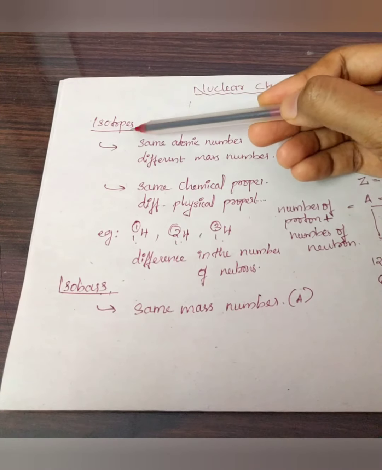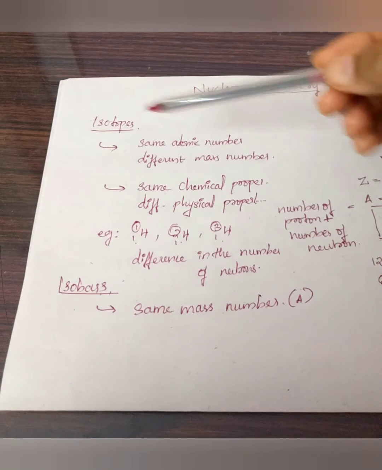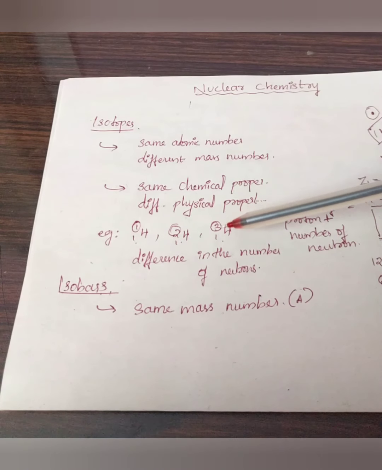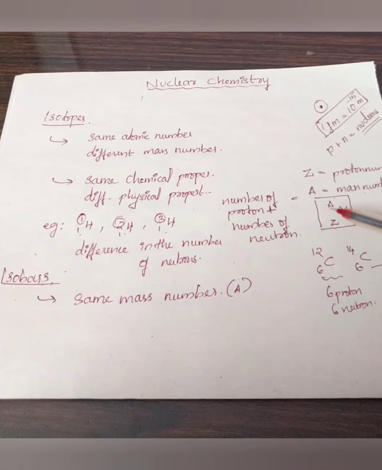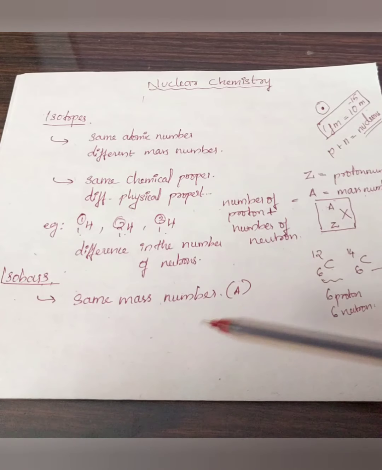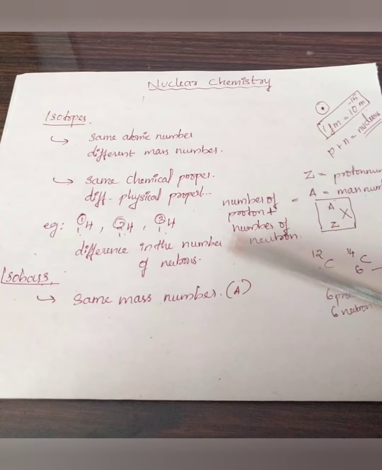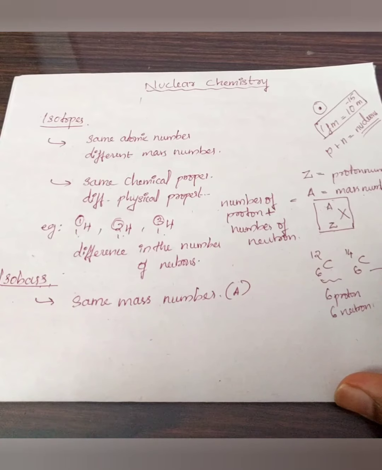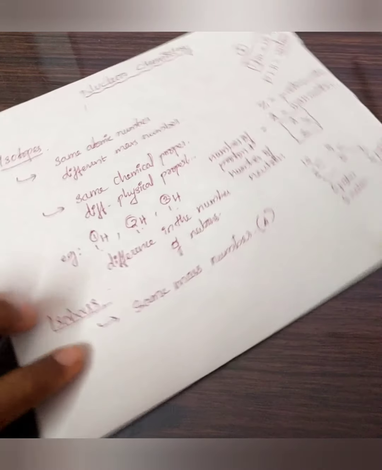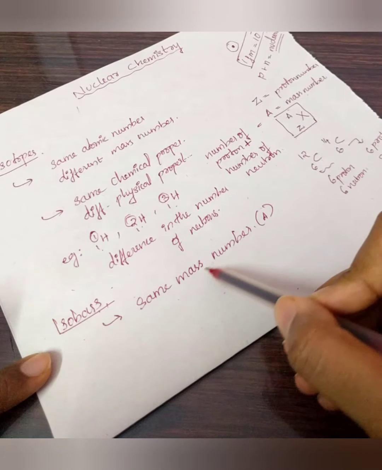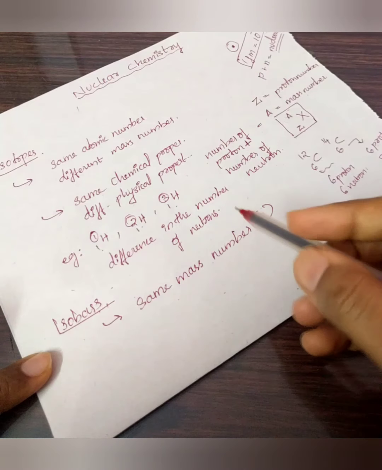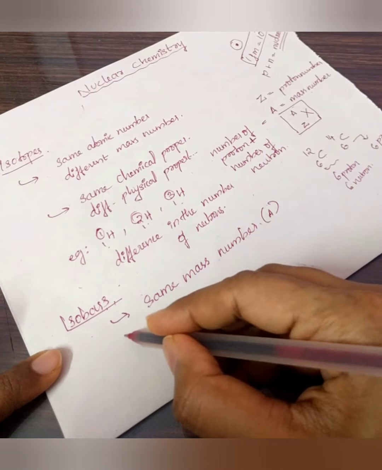On the top we will be writing our mass number, so the mass number will be different. And for isobar, what we are writing on the bottom portion, that is our atomic number, will be different. So isobars have the same mass number but different atomic numbers.